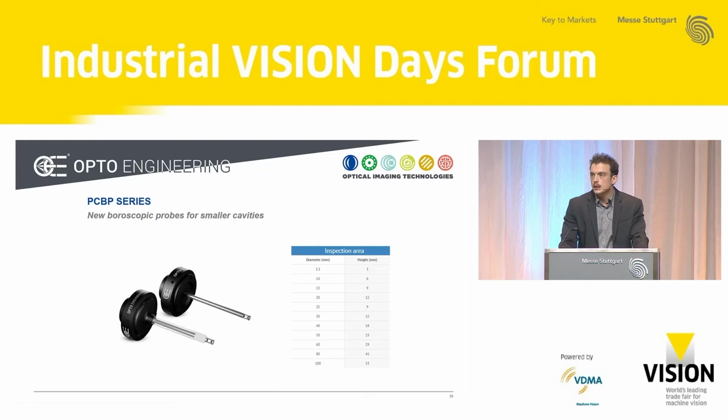In the table, I reported the typical range of diameters that can be inspected with these lenses. Diameters that range from 5.5 to 100 millimeters, more or less, and of course the height of the sites that you can inspect changes accordingly.